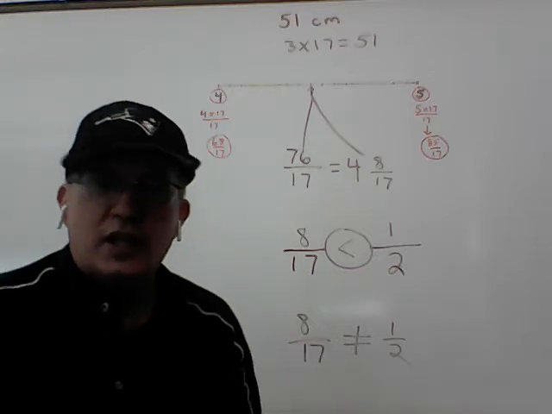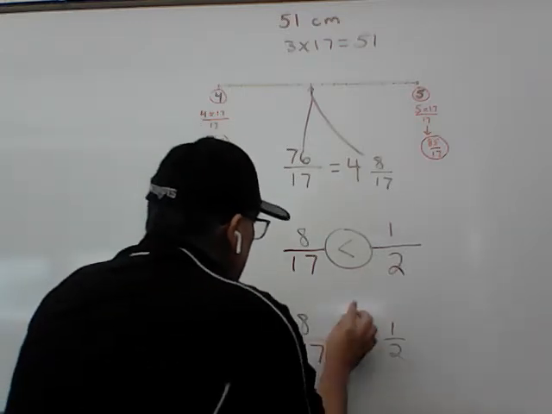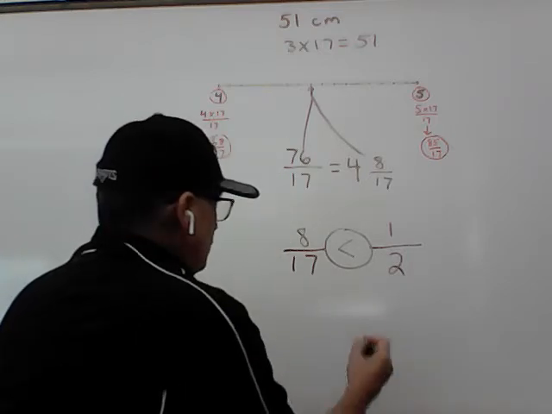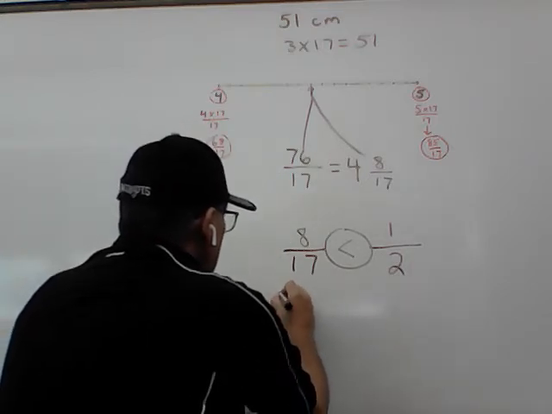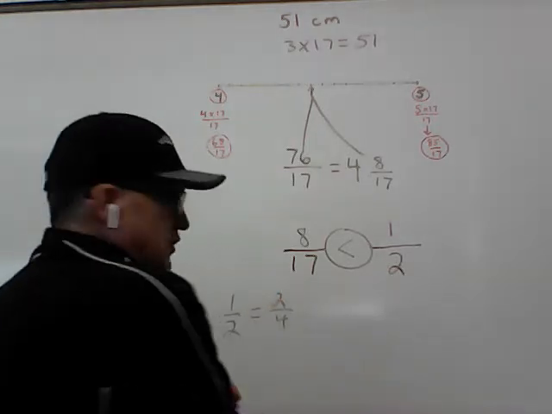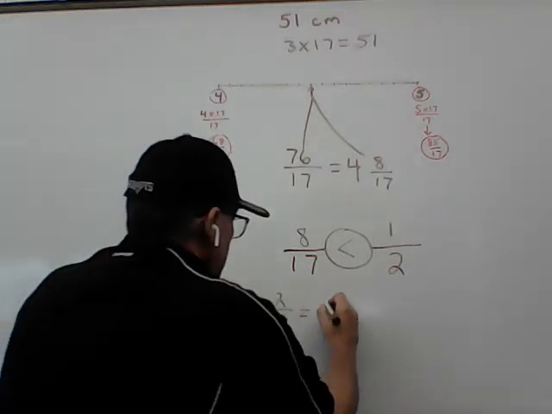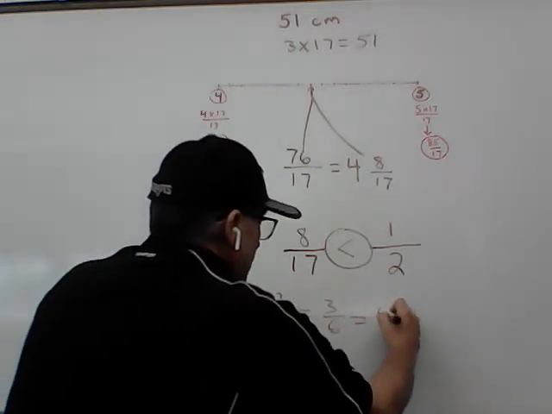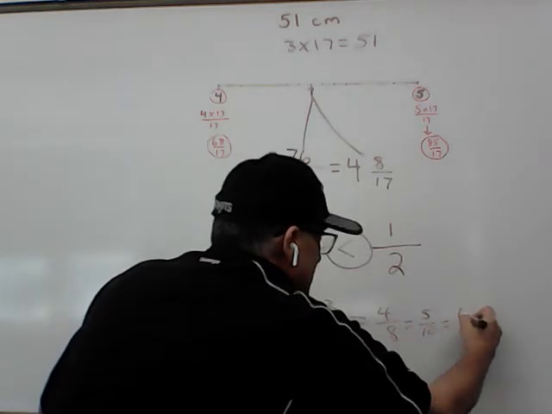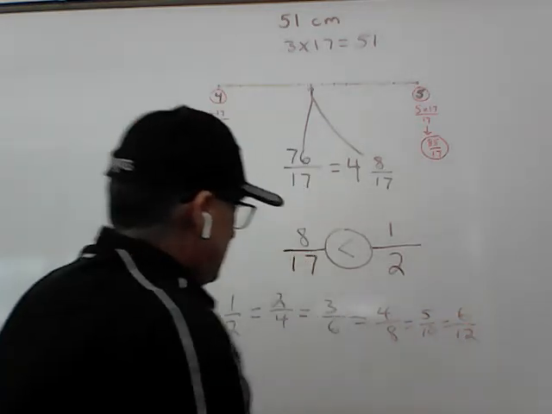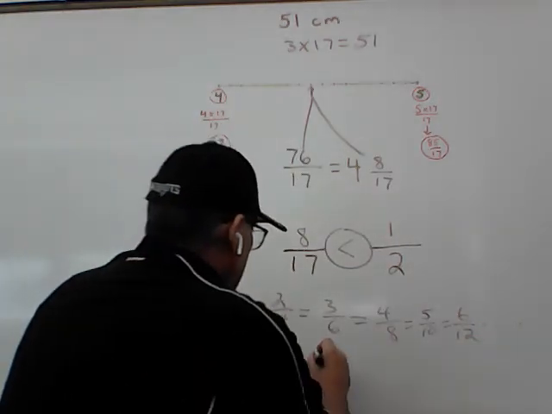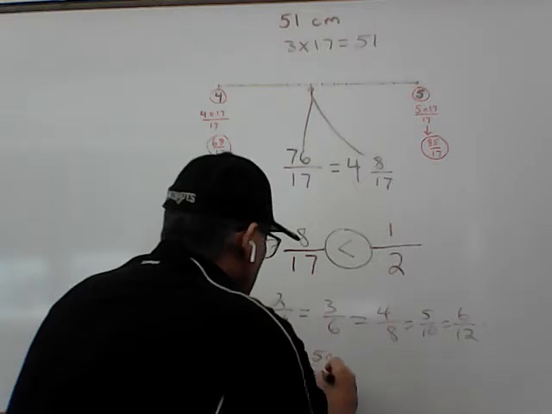Well, when is a fraction equal to 1/2? Let me give you some examples of fractions that are equal to 1/2 and see if you can figure it out. 2 fourths. 1/2 is equal to 2 fourths, which is equal to 3 sixths, 4 eighths, 5 tenths, 6 twelfths... Somewhere down the line there, we get to 50 hundredths.